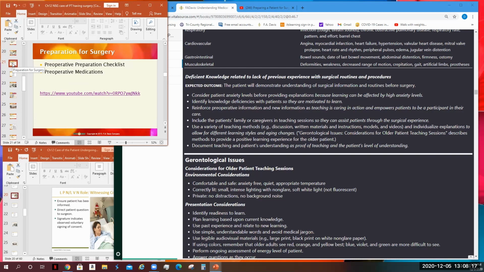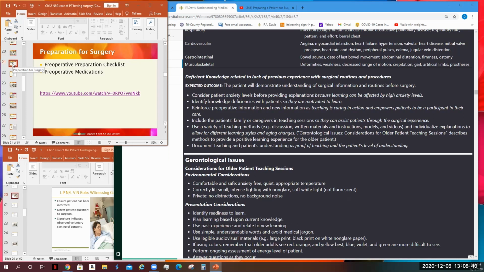Reinforce preoperative information and new information, as teaching is caring in action and empowers patients to be a participant in their care. Include the patient's family or caregivers in teaching sessions so they can assist patients through the surgical experience.